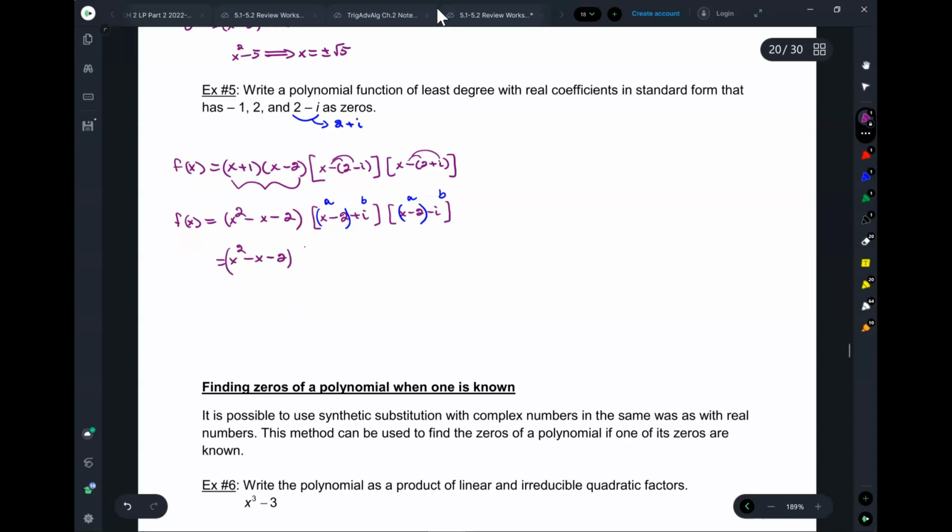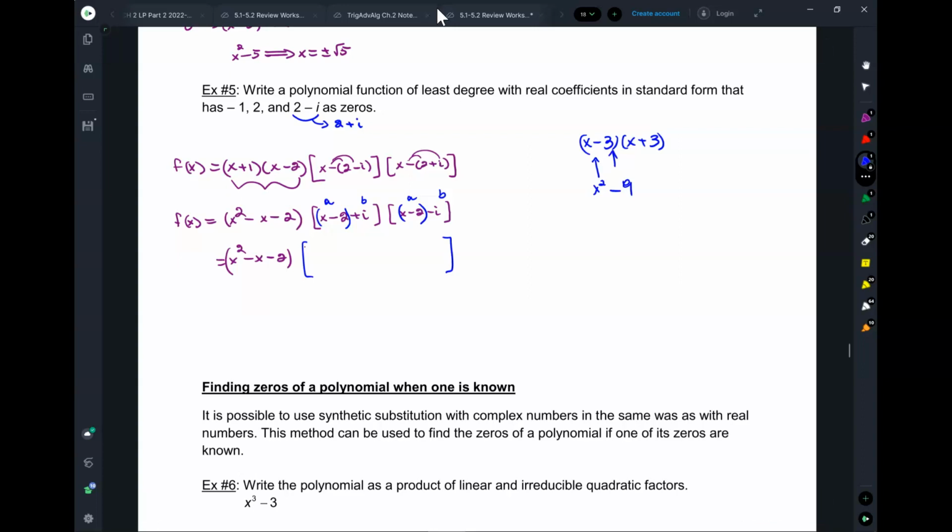And then here, how do you do (a plus b)(a minus b)? Like if you have this, how would you do it? You square the first term, you square the second term, you put a minus in between. Okay? Yes? Let's do it. Square the first term, square the last term, minus in between.